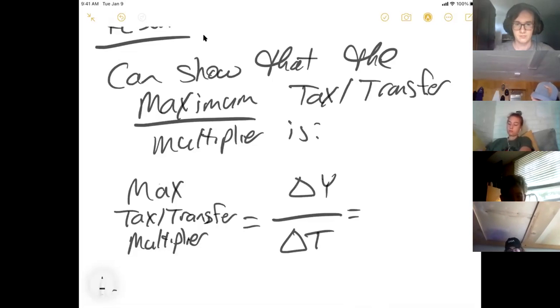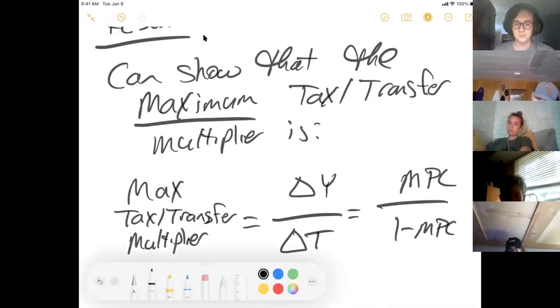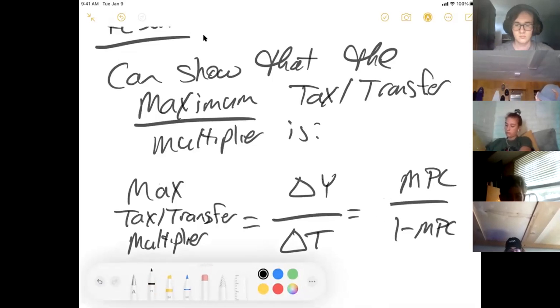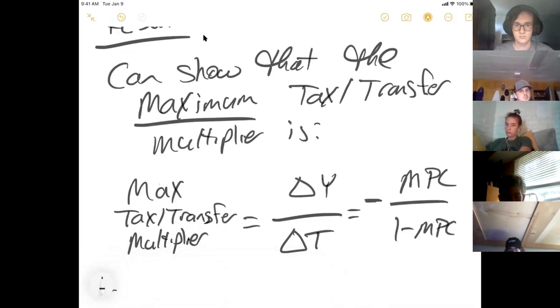And that's equal to this, but notice here, don't mess this up. This actually has to be a negative number.